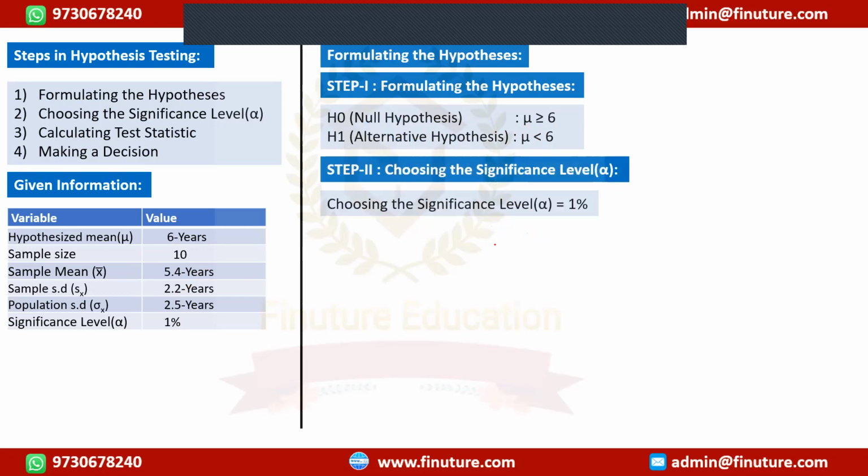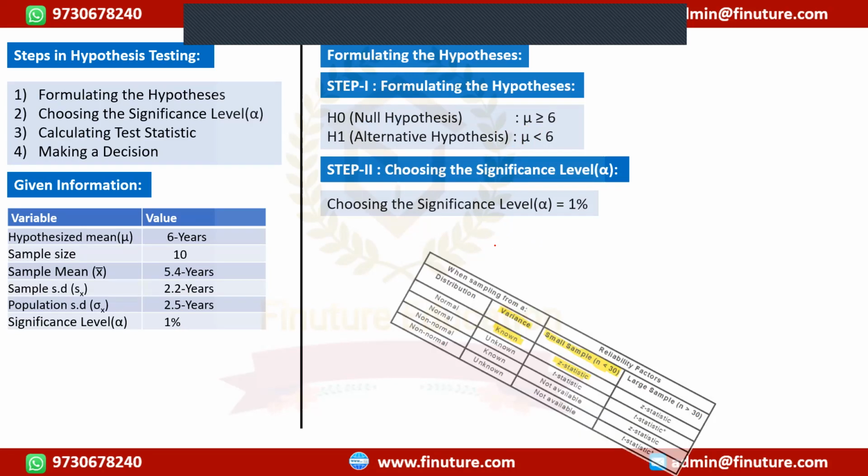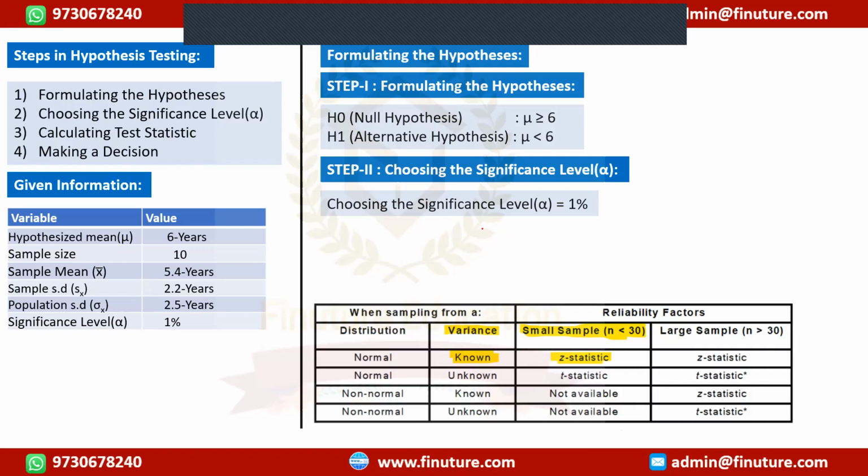And we have been given the level of significance as 1%, so no need to choose, it is given in the question. Now, very important: to test a hypothesis, you need some tools. In this case, you know the population standard deviation, so the population variance is known, and the sample size is our sample size of 10.